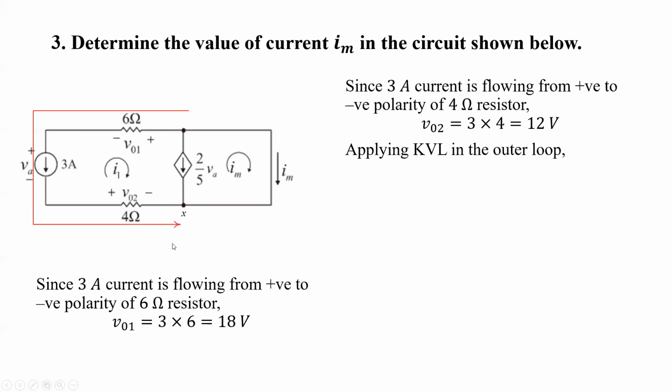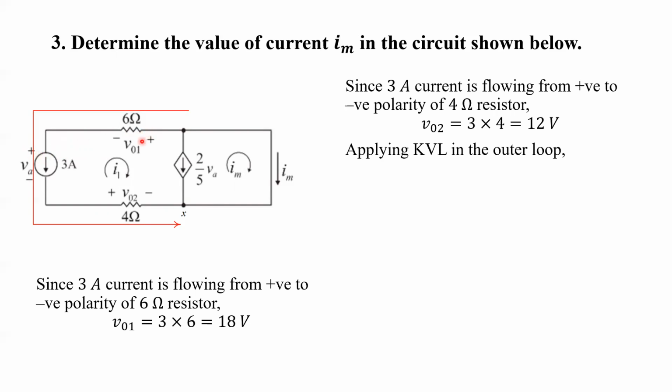Now let's apply KVL in the outer loop. If we want to apply KVL in the outer loop, let's move in any one direction. Let's say we are moving in clockwise direction, right? Then let's take the polarity while leaving each element. When we are leaving the 4 ohm resistor, we'll see plus polarity. While leaving this current source, we see plus polarity.